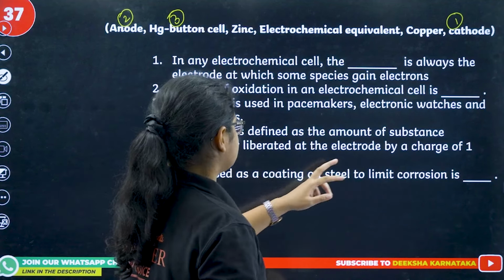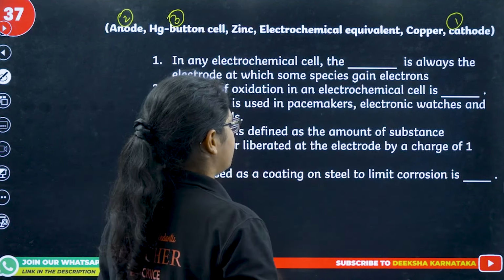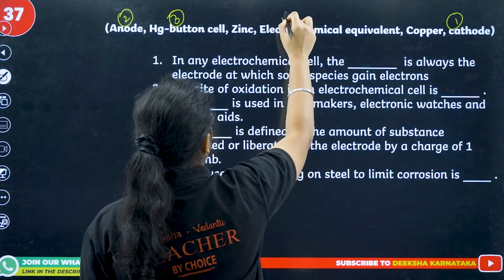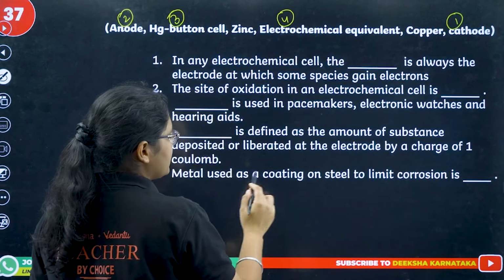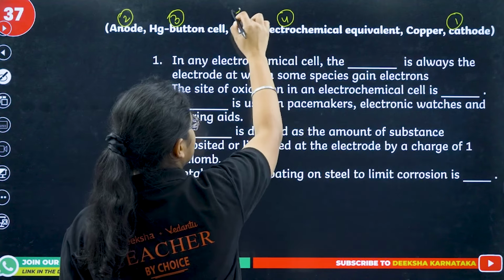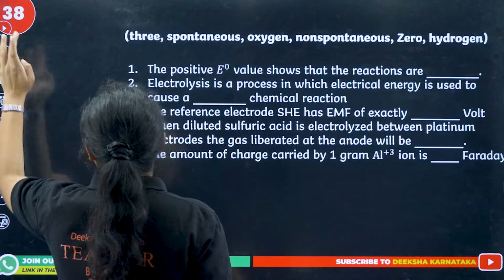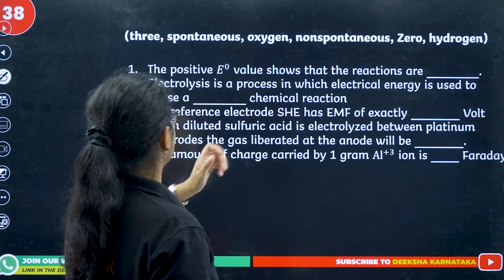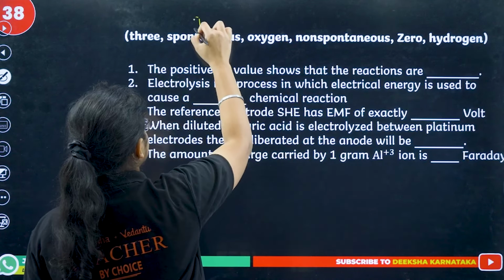Next, dash is defined as the amount of substance deposited or liberated at the electrode by a charge of 1 coulomb, that is electrochemical equivalent. Metal used as a coating on steel to limit corrosion is your zinc. Next we have the positive E0 value shows that the reactions are spontaneous.